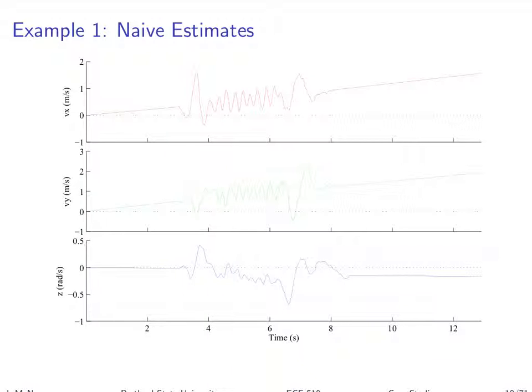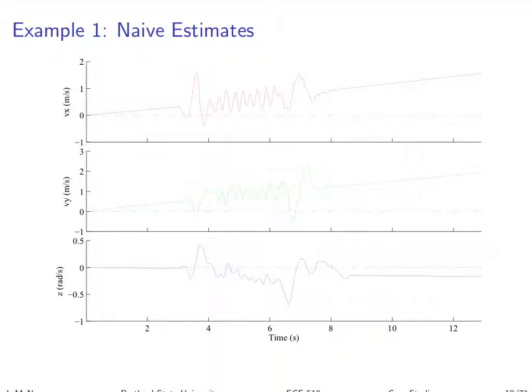So if you do naive estimates, which means you take your sensors at face value and you just integrate them, so if we integrate the x-axis gyro, we get our angle, transform the accelerometers into the earth frame, and integrate the 2 accelerometers, then you get velocity estimates that look like this, and an angle estimate that looks like this.